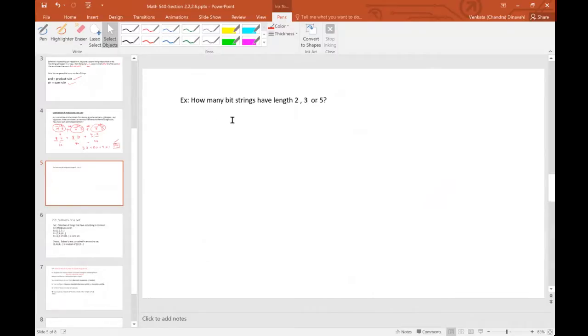As we discussed before, B2 is the total number of bit strings of length 2, or B3 the total number of bit strings of length 3, or B5 the total number of bit strings of length 5. If you can find out how many members are in B2, B3, or B5, since "or" indicates, you have to add them. Are you okay with this, guys?